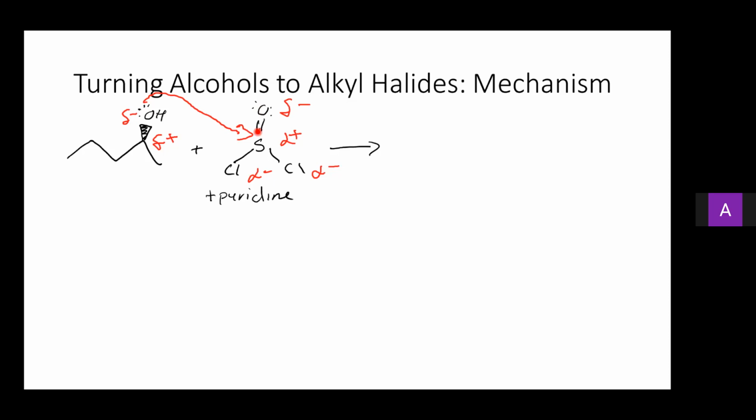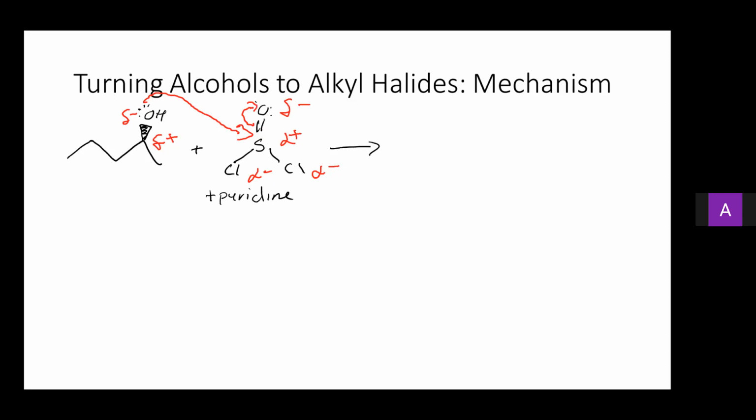Is it going to go to the S or to the O? Which one do we think is going to help the situation to avoid disobeying the octet rule? Yeah, someone said that this one right here is going to go up here. So that's exactly what's going to happen.